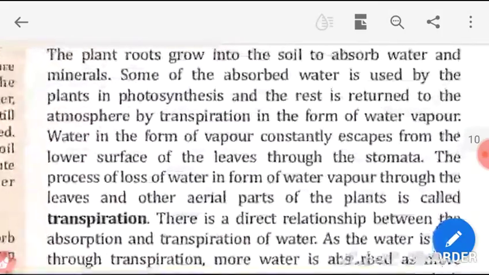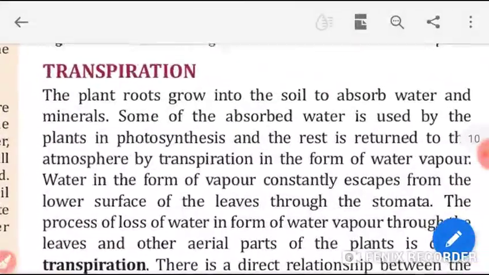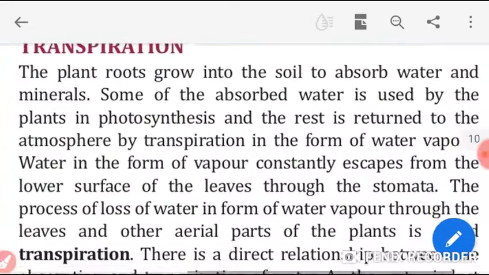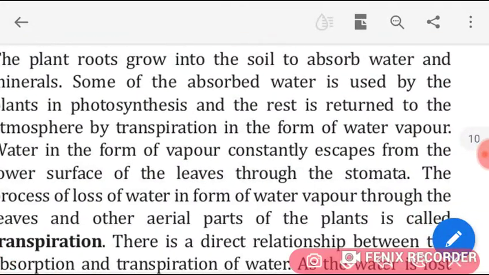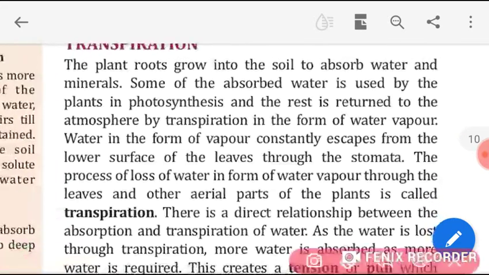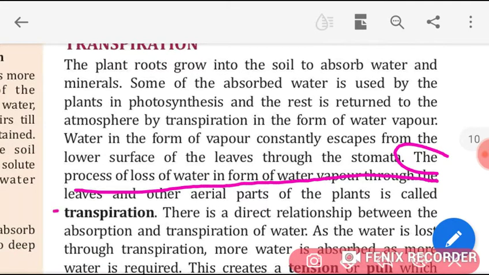Are you looking here, students? Transpiration topic, and line number 1, 2, 3, 4, 5, 6th line. The process of loss of water in the form of water vapor through the leaves and other aerial parts of the plant is called transpiration.